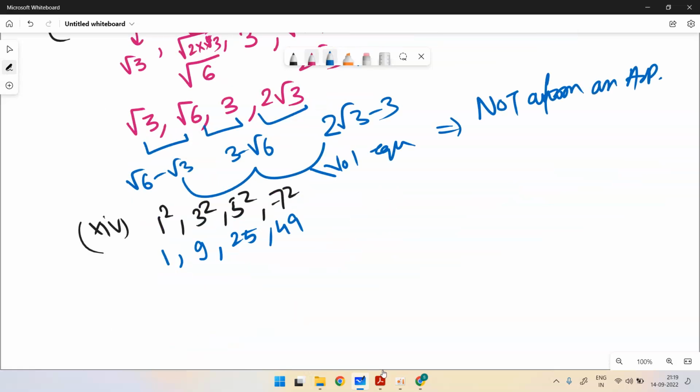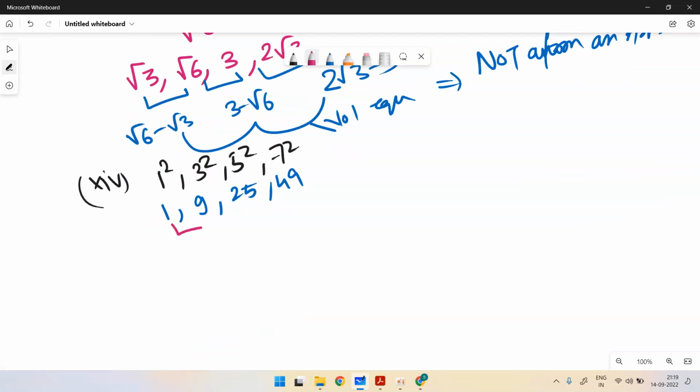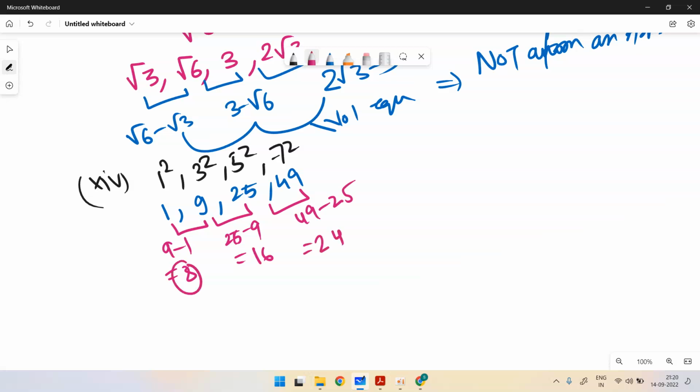Now find the common differences: 9 minus 1 is 8, 25 minus 9 is 16, and 49 minus 25 is 24. So the common differences 8, 16, and 24 are not equal, which implies this does not form an AP.